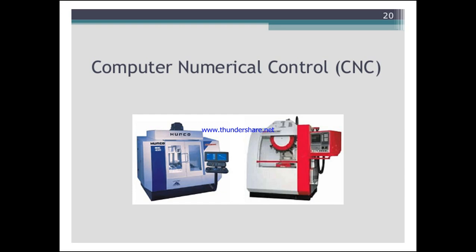So CNC controls are also referred to as soft wired NC systems, because most of these control functions are implemented by the control by using the softwares here. So software program. So because of that, we call it a soft wired NC system.